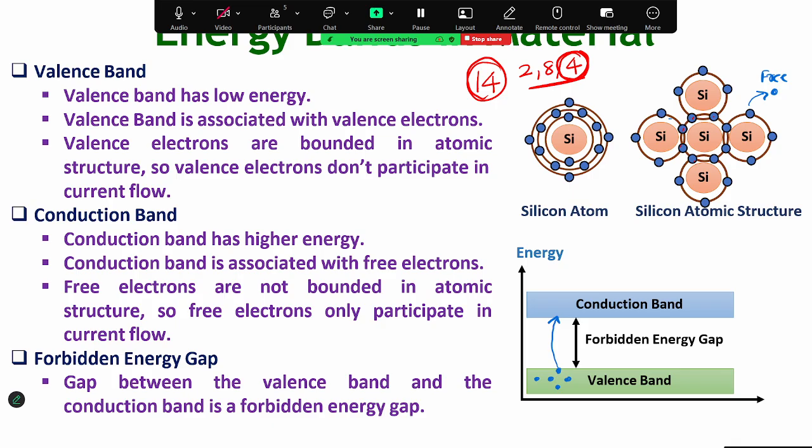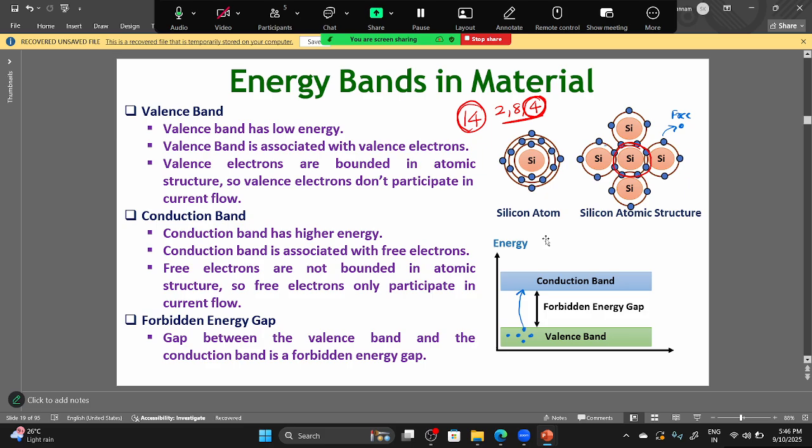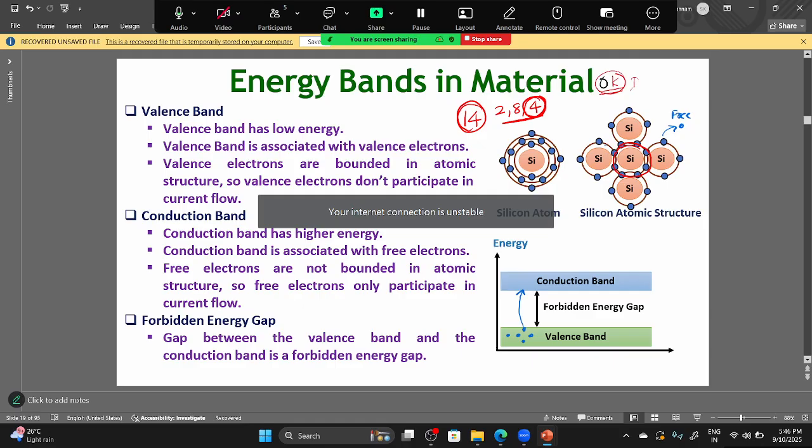So what happens at 0 Kelvin? The silicon crystal acts like an insulator only.